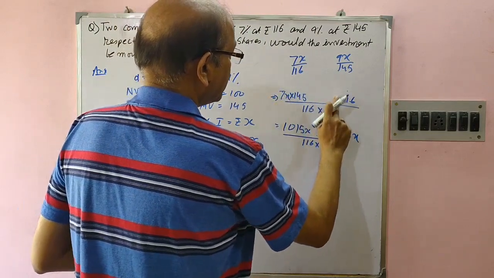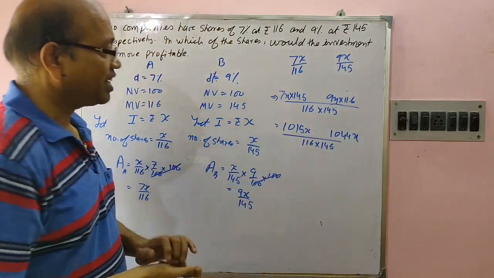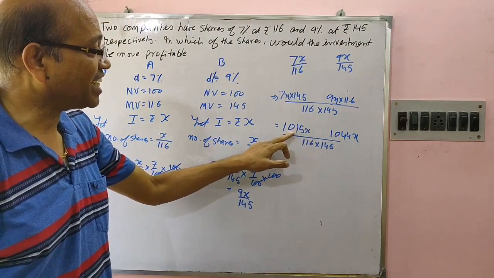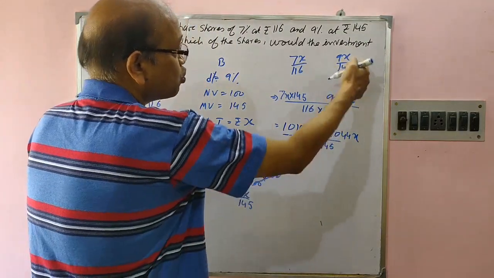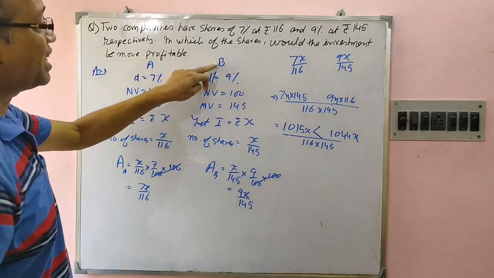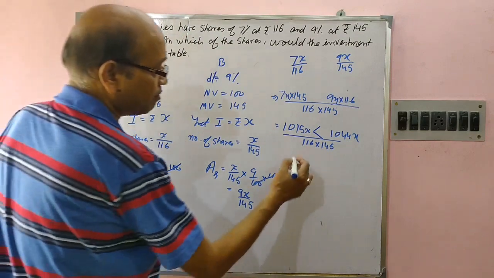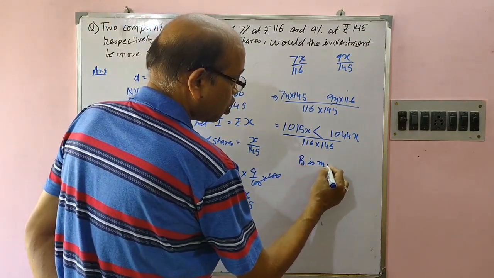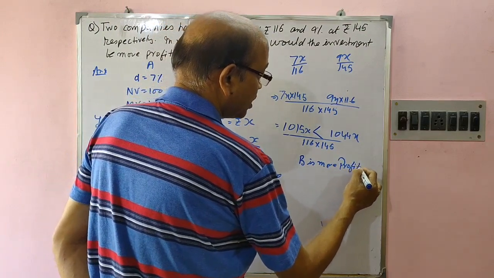So we find that 1044x is greater than 1015x. So my share B, company B, is more profitable.